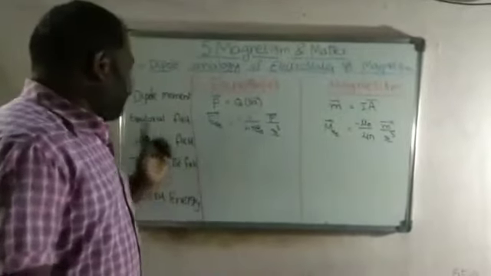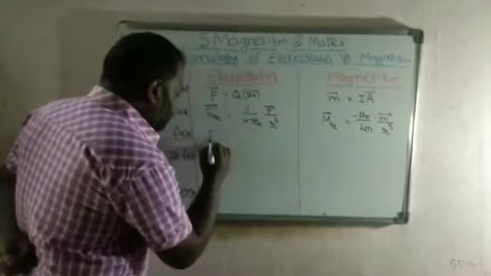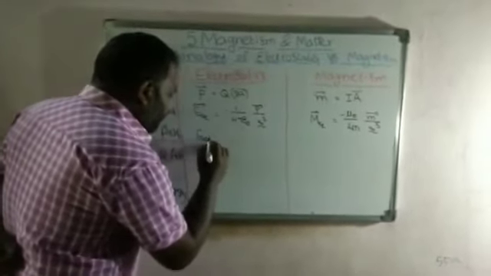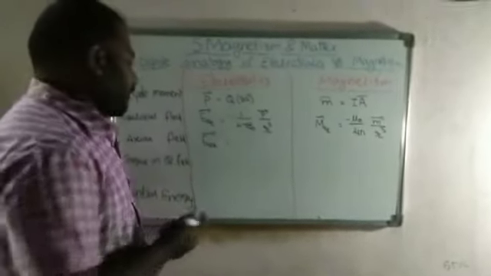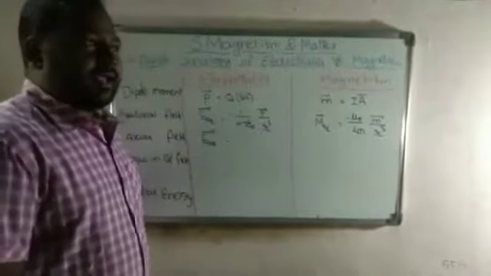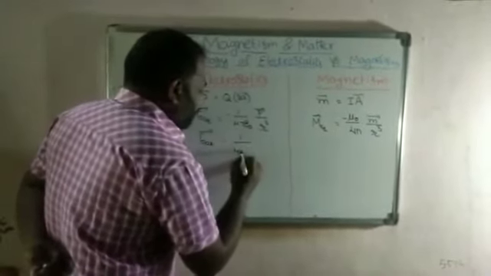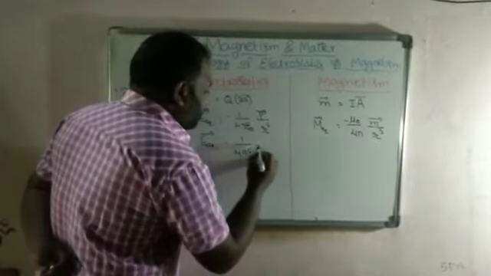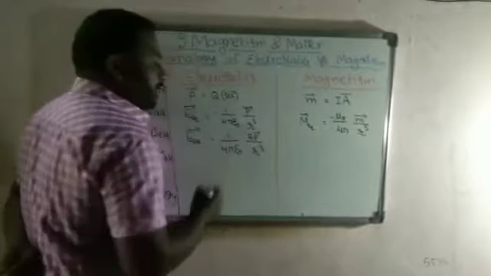Now see the axial field. The electric field of the dipole along its axis is 1 by 4 pi epsilon naught into 2 P bar by R cube.